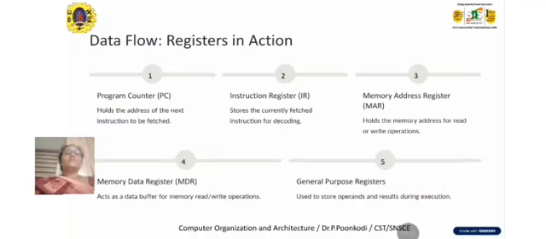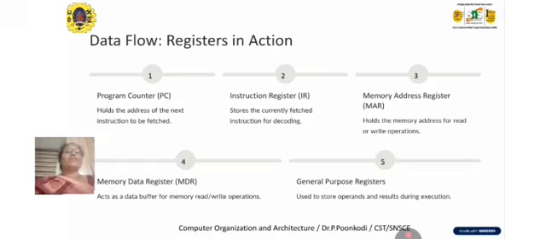Then we will discuss the data flow, how the data is transferred from one component to another. First it will use the program counter. The program counter is responsible for holding the instruction address. When we pass that instruction to the next stage, that is the instruction register, it is responsible for getting the next data.